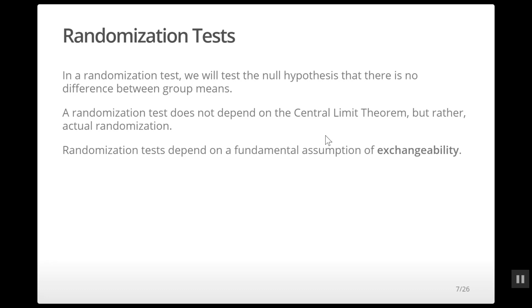I don't want to do the central limit theorem. And instead, I'm going to be the source, or my computer will be the source of randomness. And we can simulate this idea of randomness, okay? So we can test the null hypothesis that there is no difference between group means. And we're not going to use the central limit theorem, but we're going to actually randomize our data, okay?